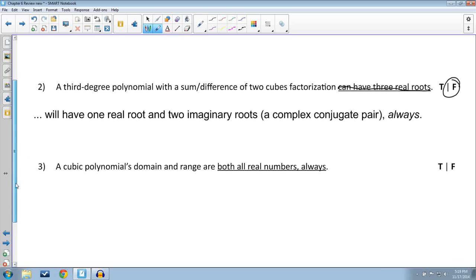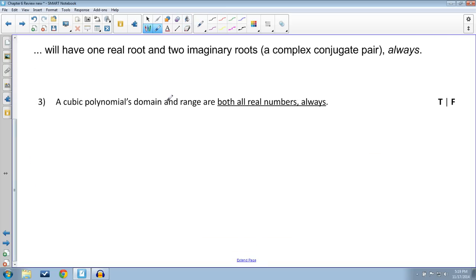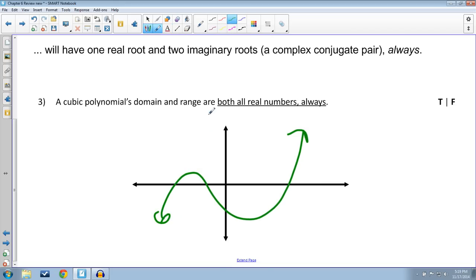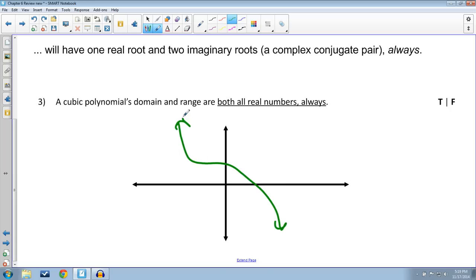Okay, number 3. A cubic polynomial's domain and range are both all real numbers, always. I want you to think about any cubic polynomial you've ever seen. What does it always look like? Oh yeah, sure, it could look like that. It could look like that. It could look like that.